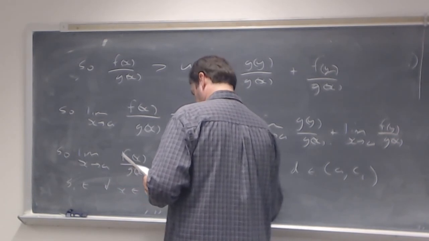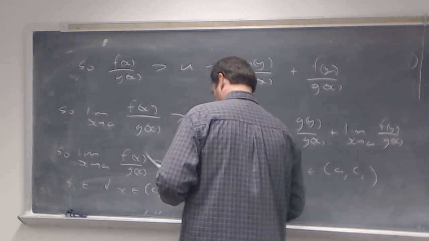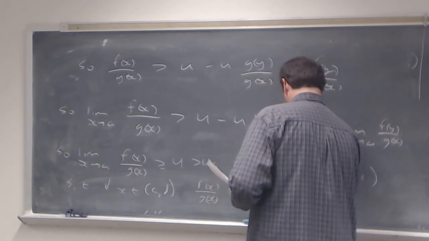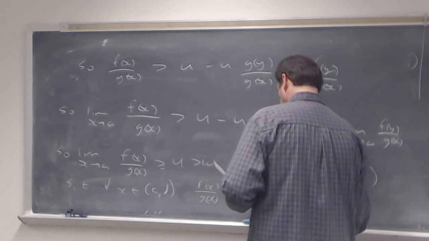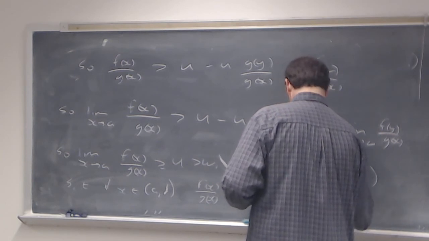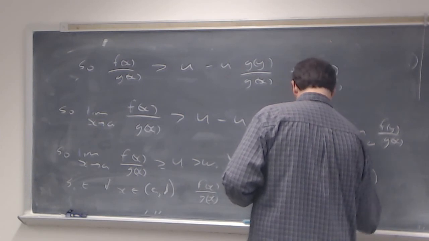I'm sorry, it's going to be bigger than w. And so that says that the limit as x goes to a of f of x over g of x equals infinity.